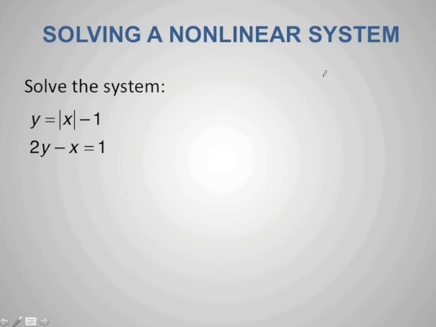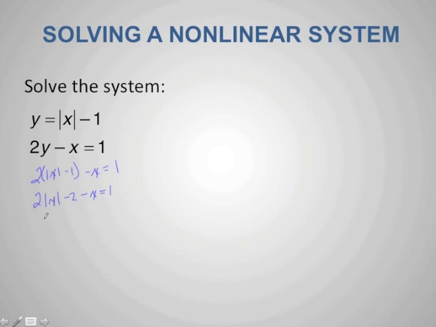Now here we have an absolute value. And what I'm going to do, since I have a y equals, I'm just going to substitute that in. So 2 times the absolute value of x minus 1 minus x equals 1. So 2 absolute value of x minus 2 minus x equals 1.